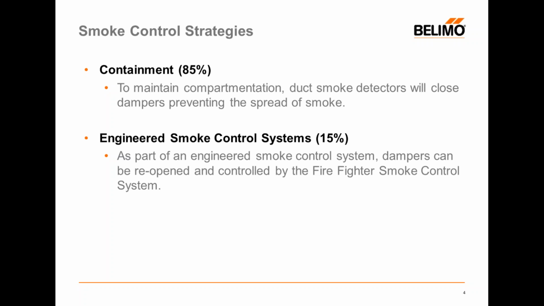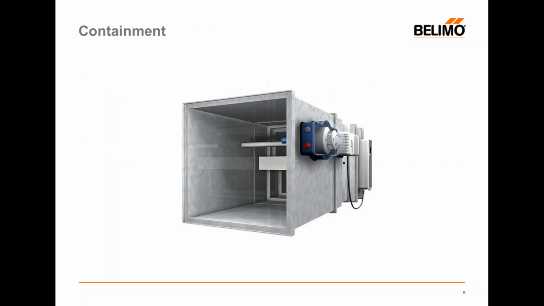And this is something where dampers can be overridden by the firefighter smoke control system, maybe to ventilate, to pressurize. There's an override option here with the engineered smoke control system that allows the firefighters to manipulate the dampers in the building, to contain, move, exhaust, do what needs to be done to make sure the space is free of smoke and there's a safe means of egress for the occupants from the building.